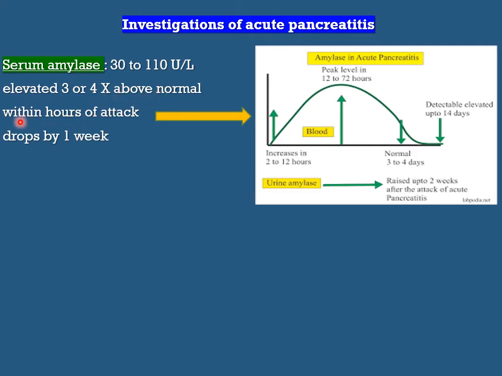And this increase occurs within hours of the attack, and drops by a week, as shown in this graph here. It goes up very high, peaks within a few hours, 2 to 12 hours, and then slowly drops down. Level comes to normal within 3 to 4 days. And the urine amylase is raised for 2 weeks from the time of the onset of the illness.